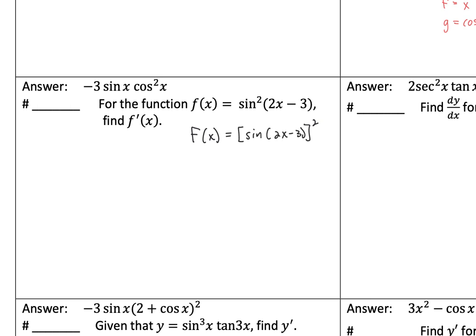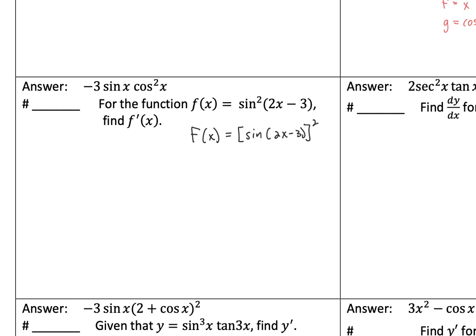Notice we have 2 chain rules because we have something other than x to an exponent, and also something other than x inside of a trig function. So we'll do this with the chain rule, but we'll have 2 chain rules, so we'll do this a certain way.